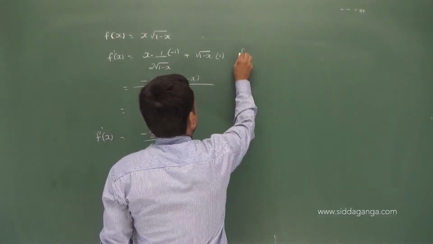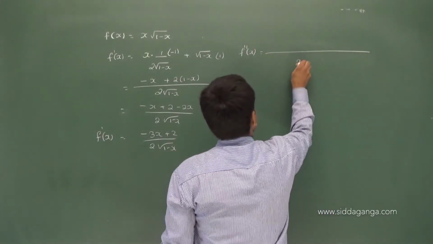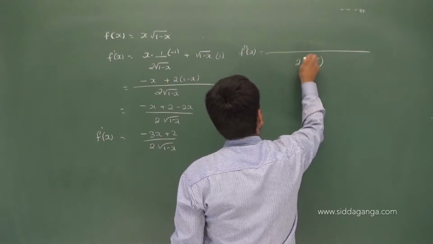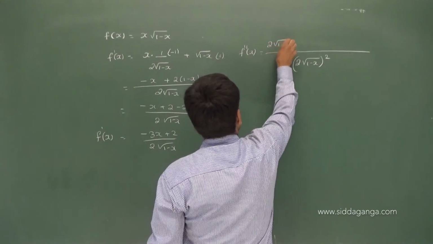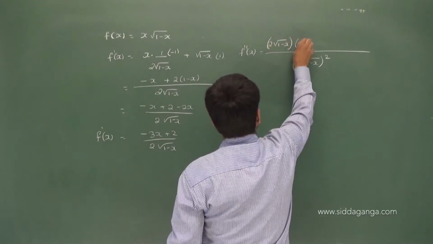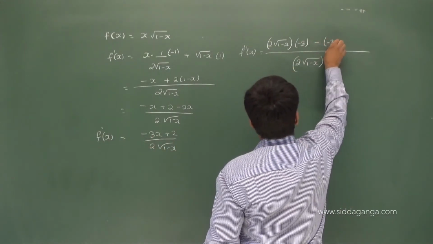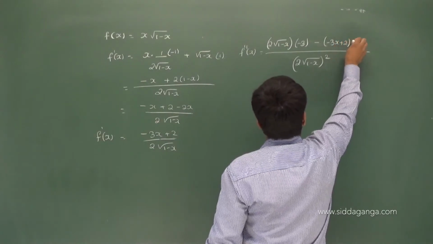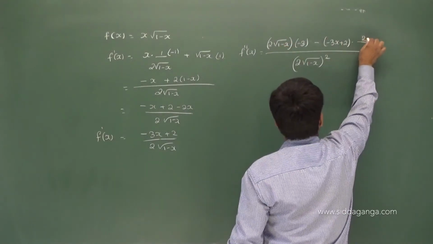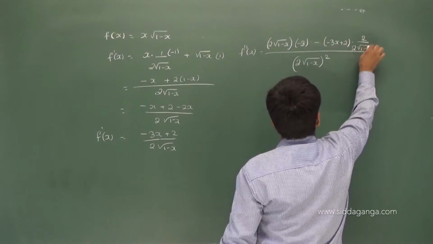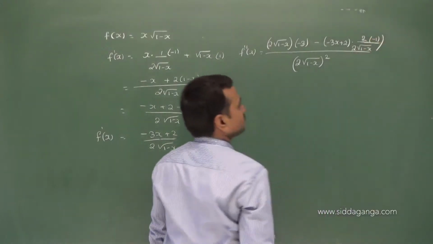So f double dash of x: the denominator is 2 into root of 1 minus x whole square. Then 2 into root of 1 minus x, the denominator, into the derivative of minus 3x plus 2, which is minus 3, minus, plus 2 into 1 divided by, we write the 2 as it is, 2 divided by root of 1 minus x into minus 1, correct?